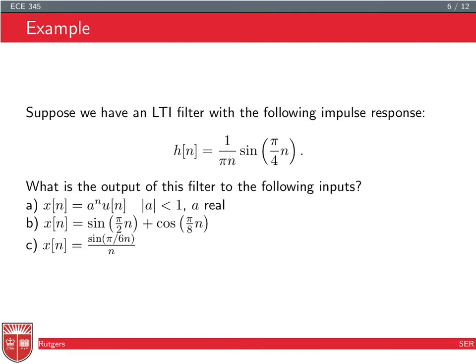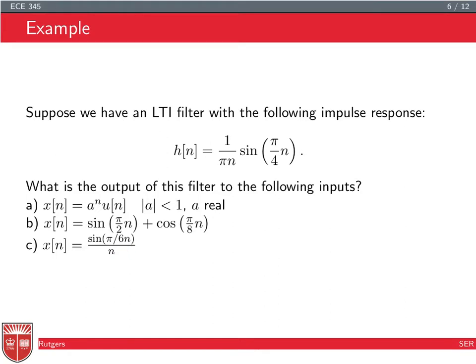Suppose that we have an LTI system, or LTI filter, with the following impulse response: h[n] = (1/(πn)) sin(πn/4). The question is, what is the output of this filter to the following inputs? Here x[n] is a^n u[n], a complex exponential, or x[n] is sin(πn/2) plus cos(πn/8) and sin(πn/6)/n.